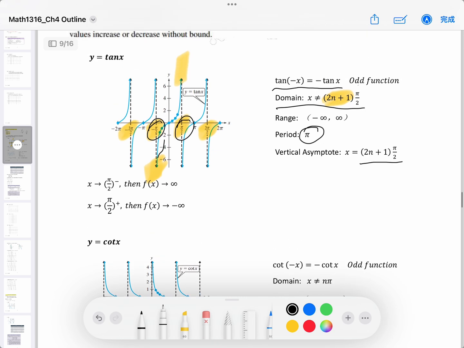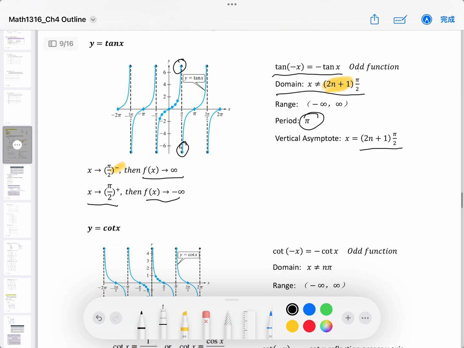When x approaches pi over 2 from the left, this symbol means from the left, we can look at the graph. It's on the left of the vertical asymptote, and y's value approaches negative infinity. And when x approaches pi over 2 from the right, the y value approaches negative infinity.